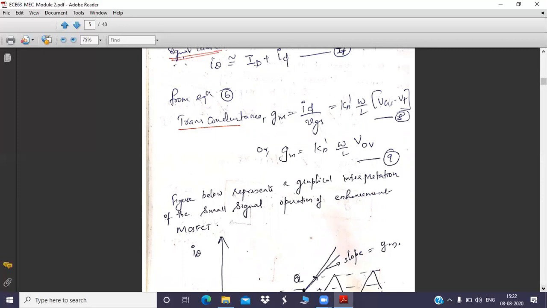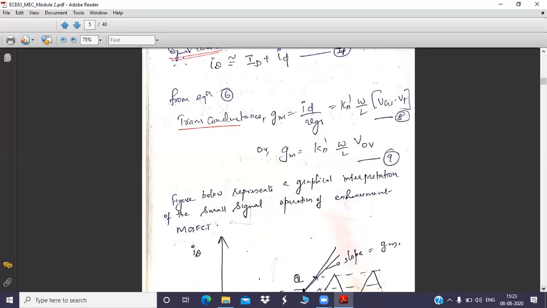When you take the reciprocal, the conductance will be nothing but current divided by voltage. So current is ID, voltage is VGS.